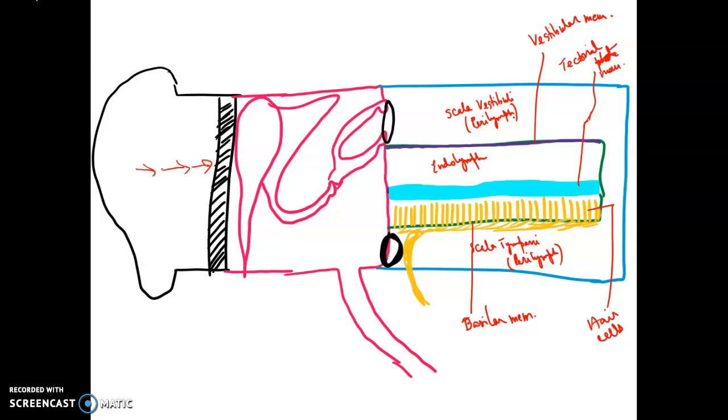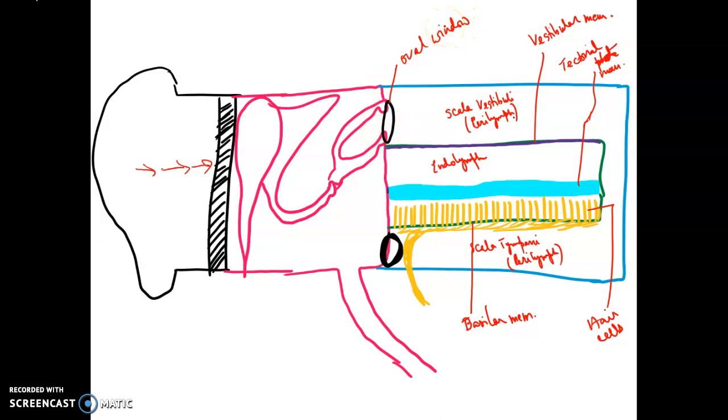As the tympanic membrane vibrates, that moves the ear ossicles. And in the process, the sound waves are amplified. Now I want to focus on the stapes here. The stapes sits on this window, which is oval in shape, and this is called the oval window.